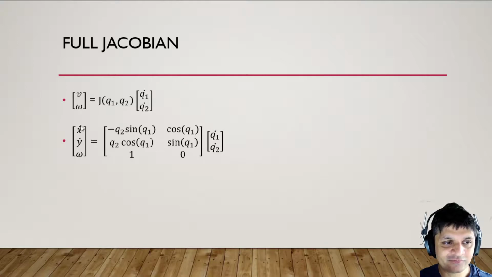Okay, so now we can come up with this expression, x dot, y dot, omega is equal to, and this is our full Jacobian. These are the terms that came from the linear velocity, and this is the term that came from the angular velocity, and we multiplied by q1 dot, q2 dot. So the cool thing is we now have a way of converting the velocities in the joint angles to velocities in the end effector, okay, which is what we were going for the whole time.